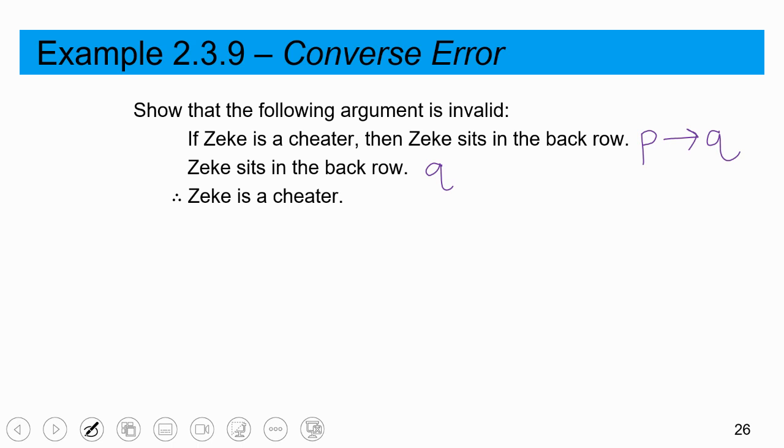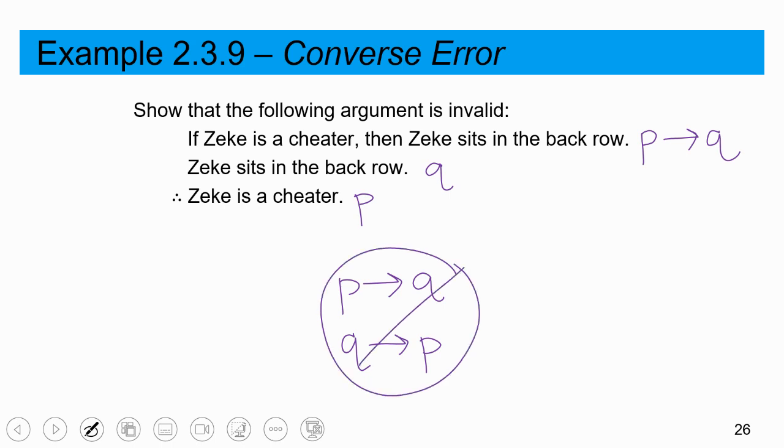We cannot say that Q, therefore P. This is like saying if P implies Q, then Q implies P. This is the converse, and that is not necessarily true. Perhaps Zeke sits in the back row because he's shy. So cheaters sit in the back row, but perhaps shy people sit in the back row also. Now, again, you will find that people make these errors in arguments all the time.